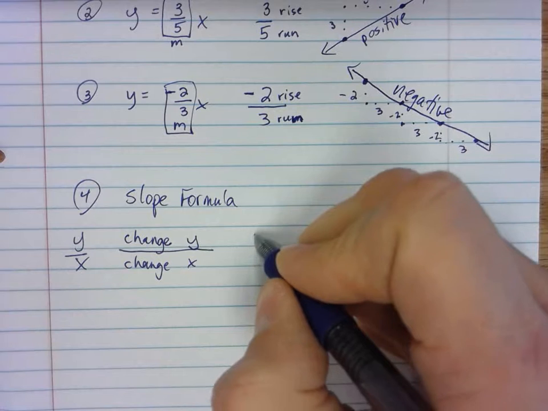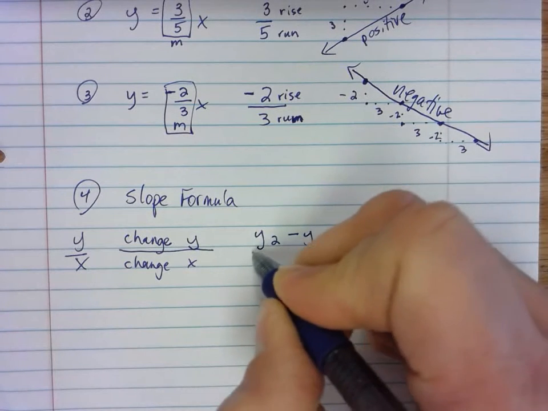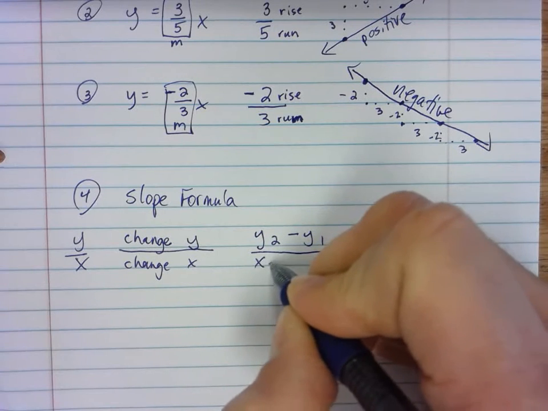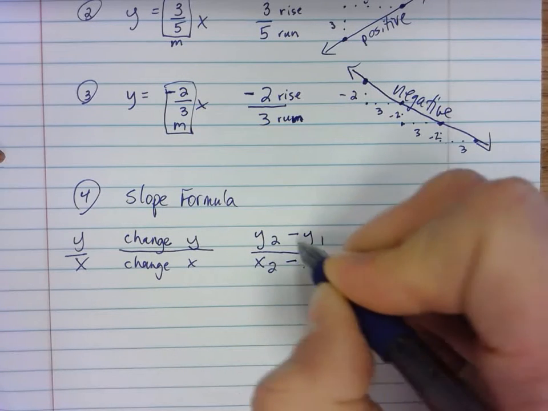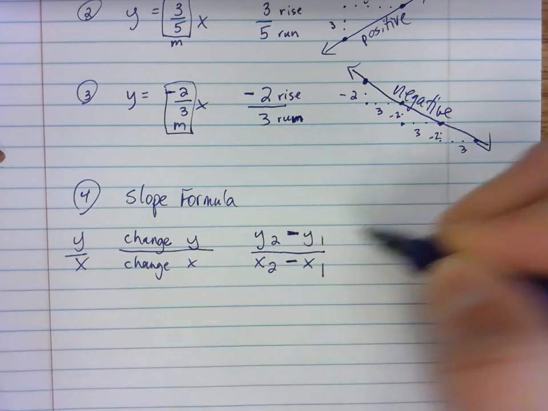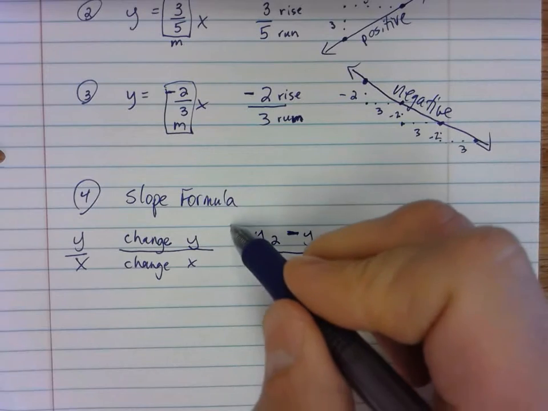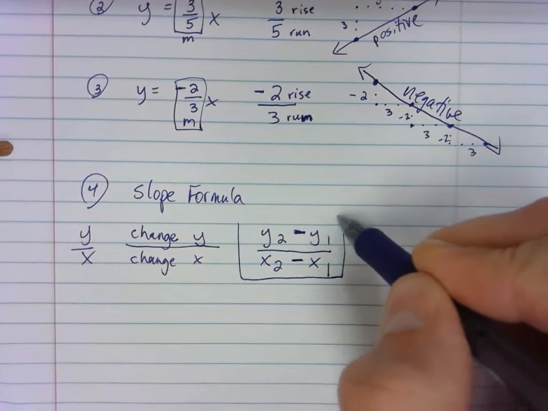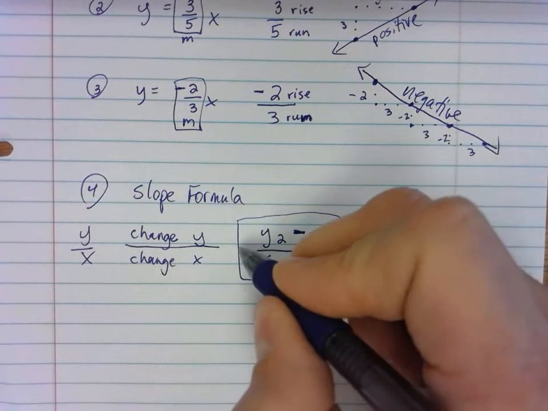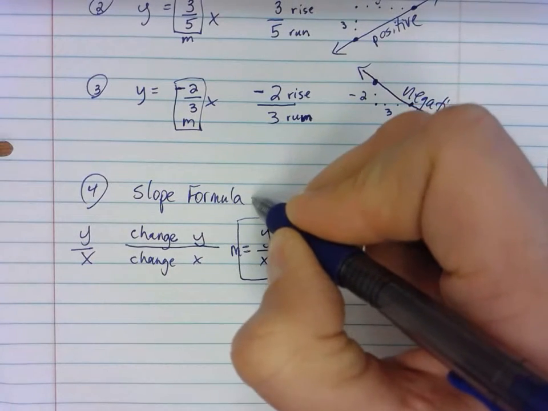So the formula is y2 minus y1 over x2 minus x1. So we're going to be doing a lot of subtracting of integers here, so we're going to be reviewing some of those rules. So that is what we're really focusing on. Okay, y2 minus y1 over x2 minus x1, and that, of course, stands for m because the slope is the m.